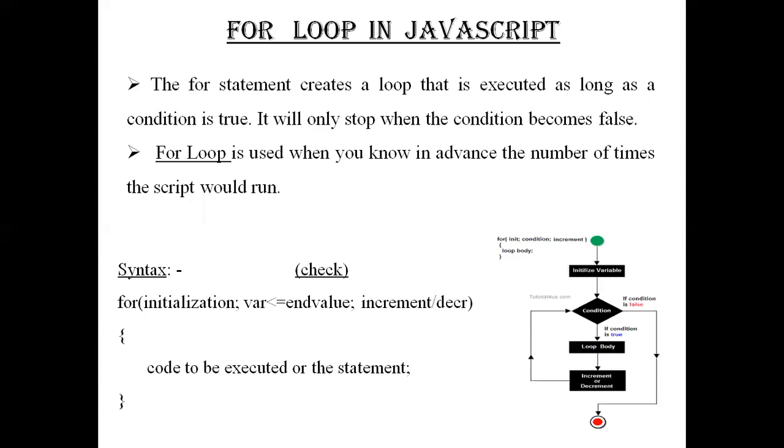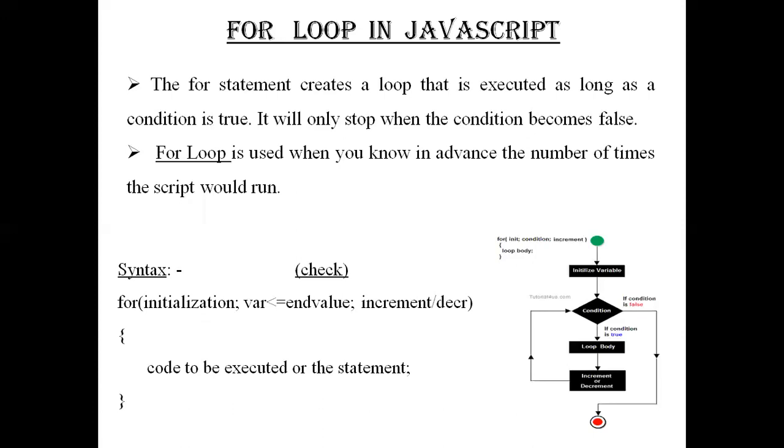Then the condition is checked every time. The loop will execute statements till the condition becomes true. When it is false, the loop is exited and the remaining program is executed.